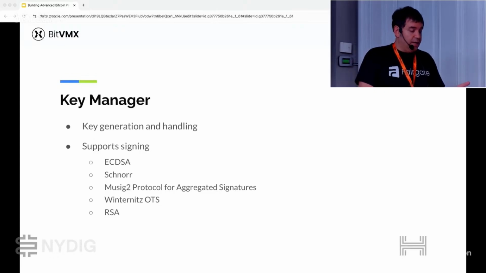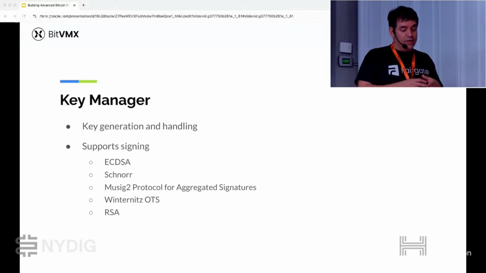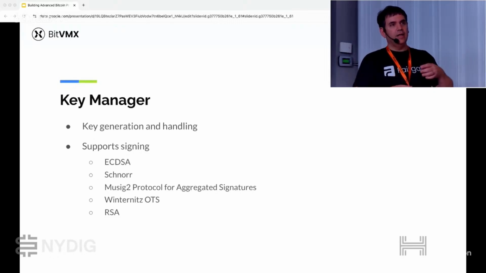We have a key manager. It handles the generation and handling of keys. We are not only supporting ECDSA and Schnorr, which are obviously required for signing the transactions, but we are also handling the MuSig2 protocol for aggregated signatures. This protocol gives you one more efficient signature than other types of multisigs on Bitcoin, but for this you need a kind of round protocol where the party sends its public key, then sends the nonces, and then you may need to share partial signatures.